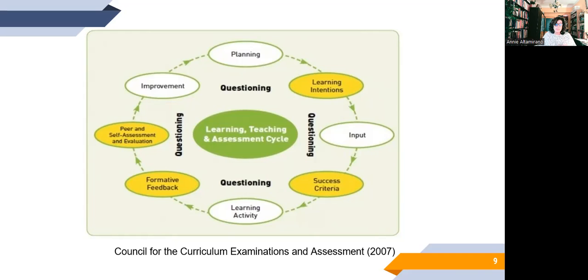Now, when we integrate assessment for learning into our classroom practice, it's advisable to take one area at a time and allow for its development rather than rush into a succession of rapid changes. Because otherwise we're going to be rather overwhelmed by the whole process, and we are quite likely to forget about that.